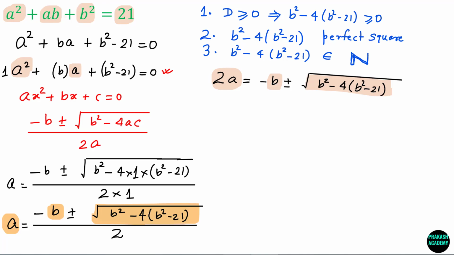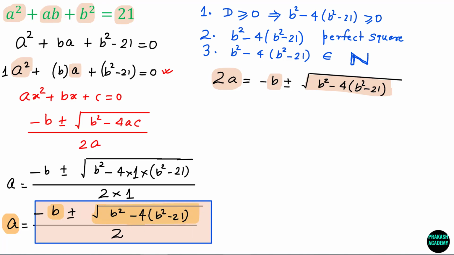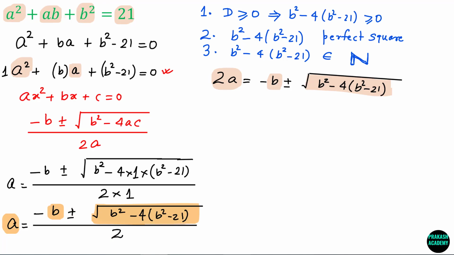So with these three conditions, I can say that the term inside the square root can be written as m square. What conclusion are we making? With these three conditions, I can say that b square minus 4 times b square minus 21 can be written as m square, because it is a perfect square and it is also a natural number. So this will be m square, where m belongs to the natural number set.